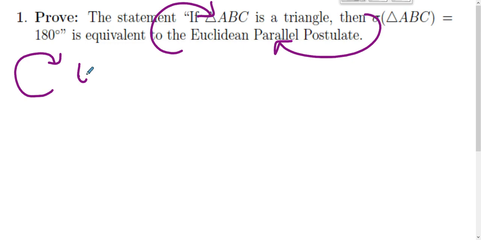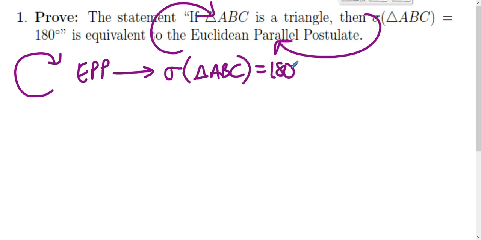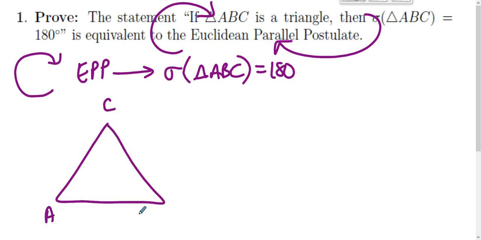Let's assume the Euclidean parallel postulate and show that the sum of the measures of the angles of triangle ABC has to be 180. And this is actually the way we teach teachers to teach this to teenagers.